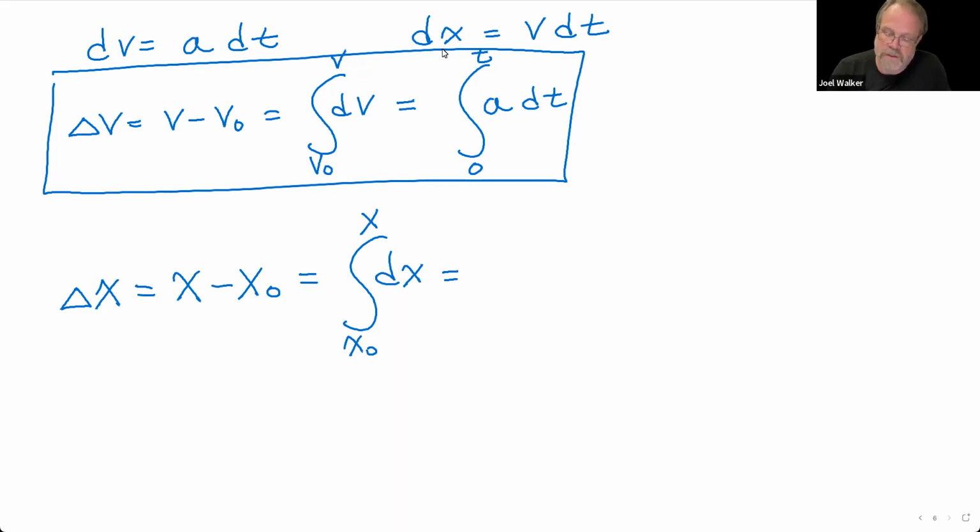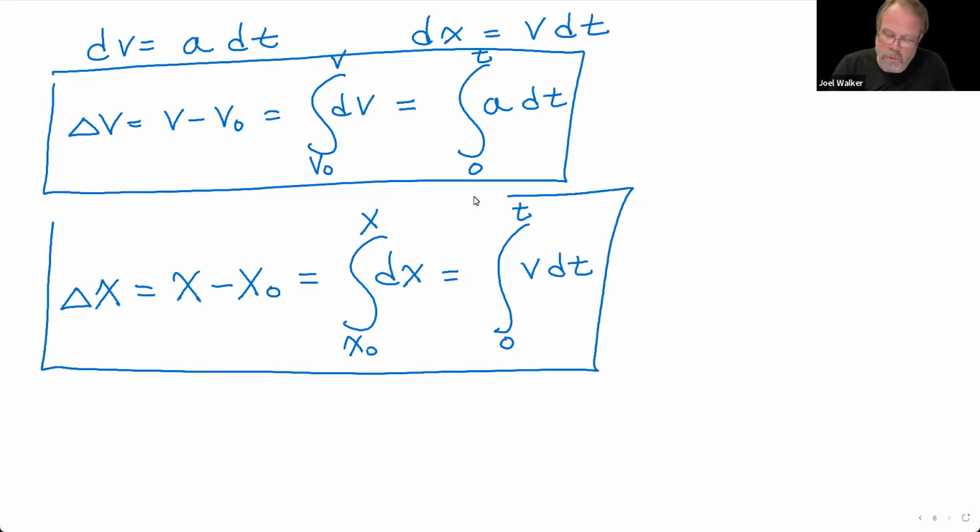Since small changes in position are velocities times small steps in time, this can alternatively be written as this integration, this accumulation, from the corresponding values of the integration variable here, which is time, the initial time being 0, and the final time being t.